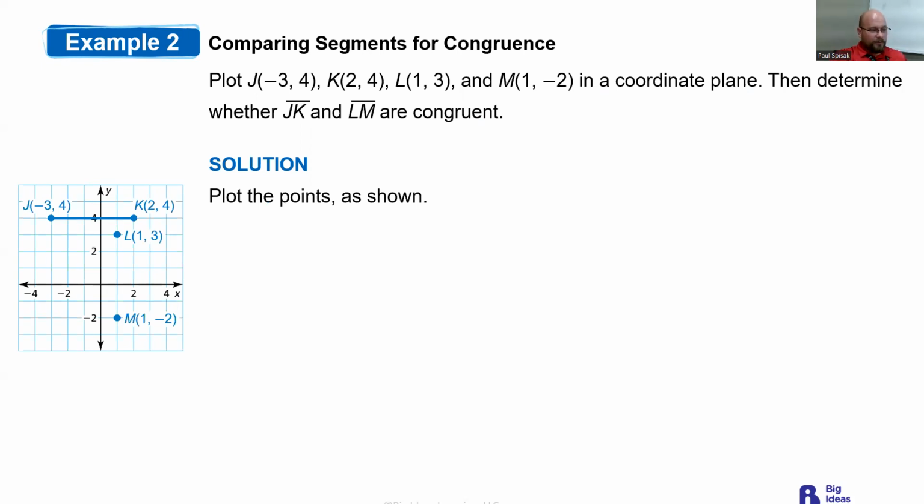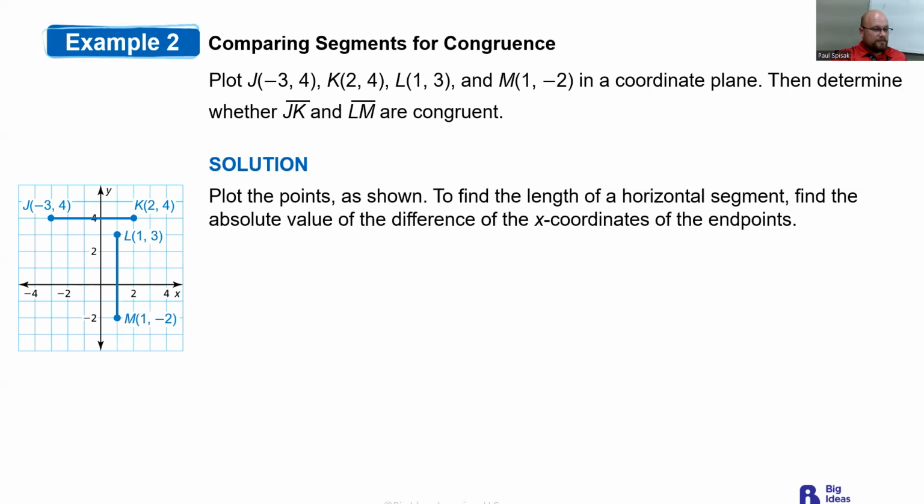Notice, J and K are in line horizontally, so we can just look at that horizontal distance between them. It's on a coordinate plane, so we could count the difference or we could subtract the X values. Either way works. For L and M, they're going vertically. So again, we can either count the distance or we can subtract the Y values to find the distance.